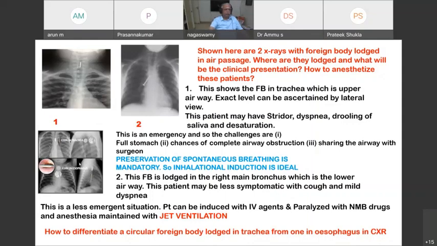Okay, so a coin that has been swallowed looks like a vertical line in the trachea, whereas one swallowed into the esophagus will look round like this in the X-ray. Even when you go by an esophagoscope, it will look like that. Whereas in the X-ray, a tracheal coin will look vertical, an esophageal coin will look like a round shadow.